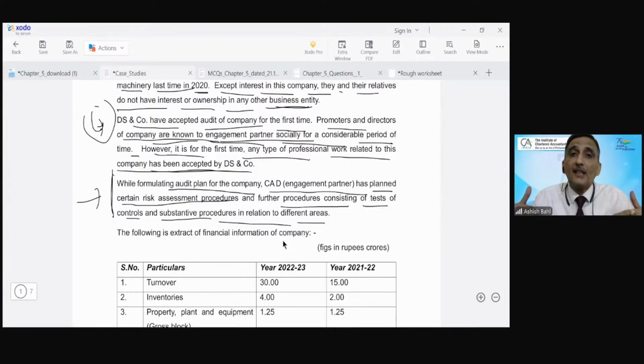So that should be your way of looking at things, students. Now here the word is planned, not performed. That is why, students, I request you to cultivate a habit of reading carefully, of reading minutely.